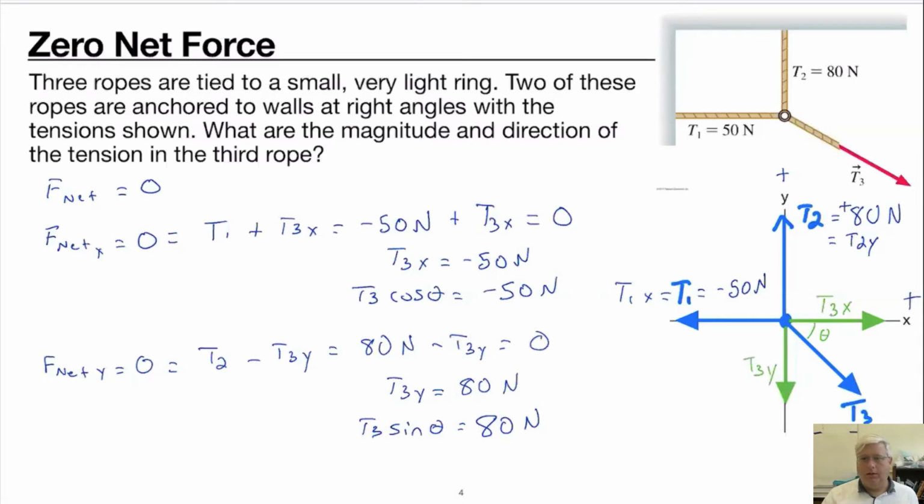We kind of already jumped ahead with that, because we knew what T1 was. We knew it was the negative 50 newtons, so we already put that in. We knew that T2 was the 80 newtons, so we've already put that in. So what don't we know? Well, we don't know what T3 is, and we don't know what theta is.